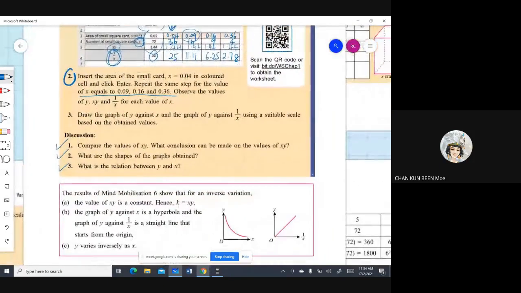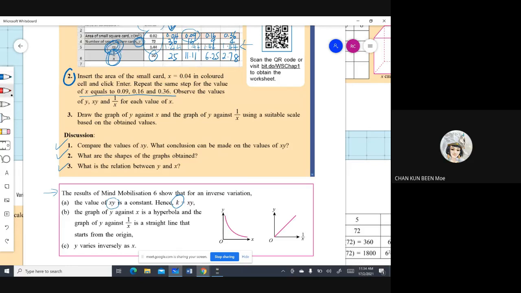The result of mind mobilization shows that for an inverse variation, the value of xy is a constant. Because the area is the same, 1.44 for all the cards. Hence, k equals xy. Therefore, you need to know that when it is constant, k is equal to xy.